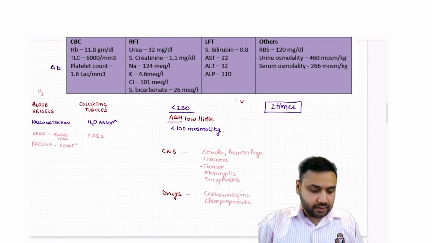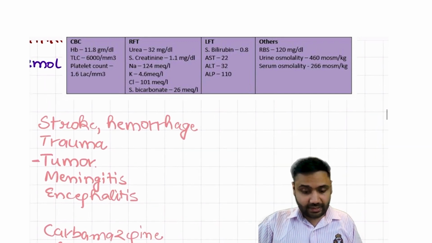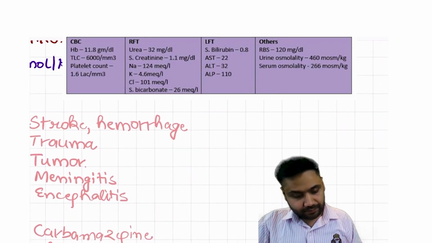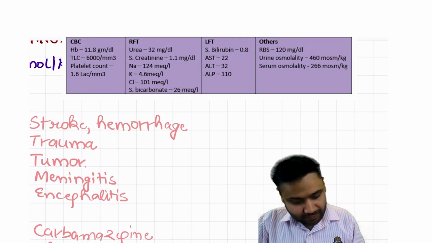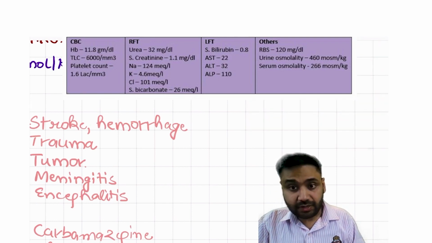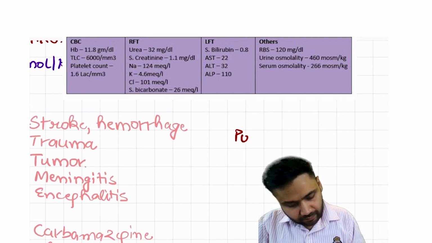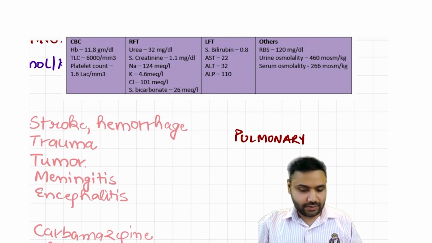And then the third category where SIADH happens is the pulmonary disorders. It could be any kind of pneumonia, bacterial, viral, right?